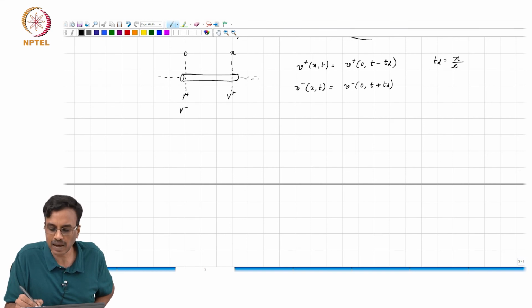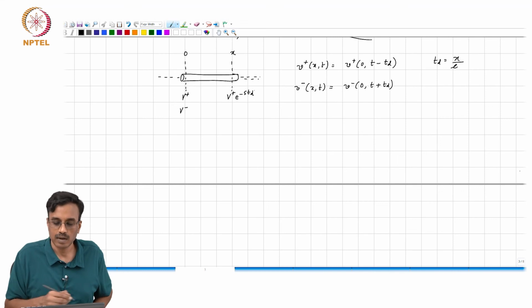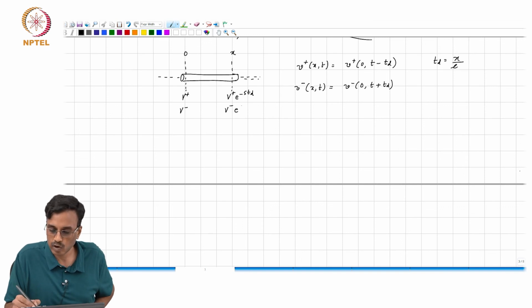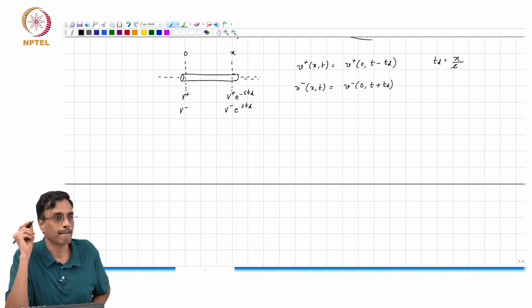This would be V plus delayed by td, so it would be e to the power minus s times td, and likewise this would be V minus e to the power plus s times td. Is it clear, people?